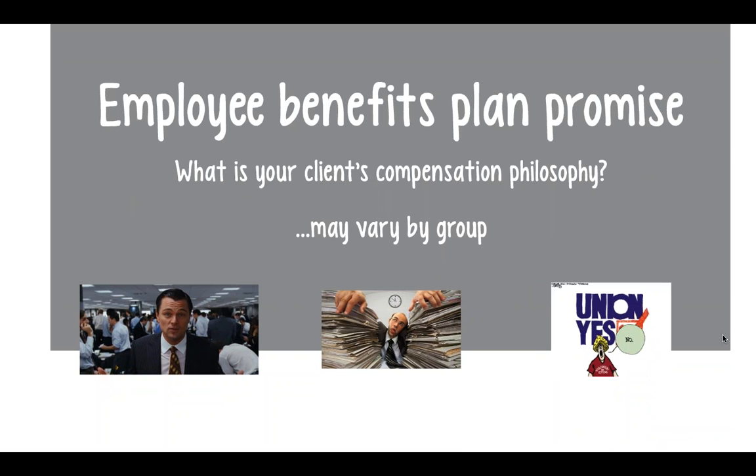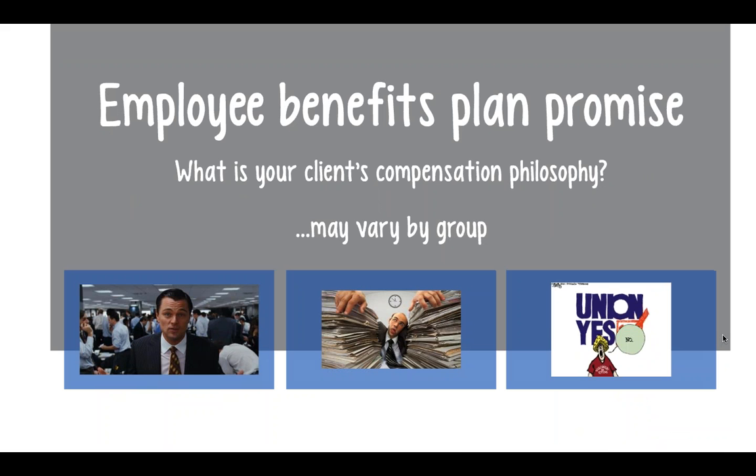And the employee benefit plan promise is, I think, a great question to ask as well, what is your client's compensation philosophy? That's going to help design or create that custom plan for each of those groups. And as a matter of fact, the philosophy may be different for each of those particular groups. So the benefit plan must reflect that difference.